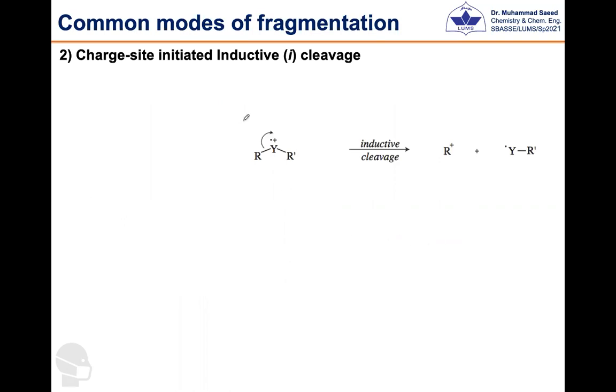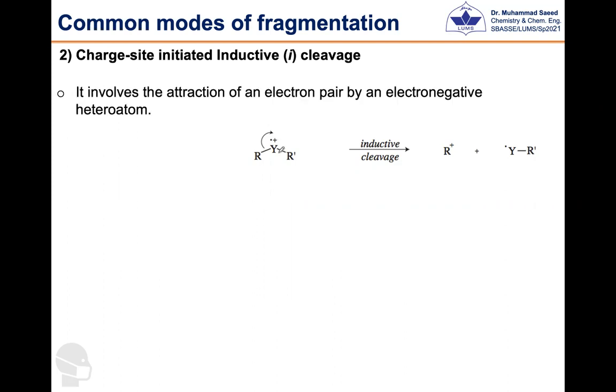Okay, the second type of mechanism is inductive cleavage, and that is driven by the charge. Alpha cleavage is driven by a single electron, and inductive cleavage is driven by a positive charge. And the driving force is the presence of a positive charge on the electronegative atom.